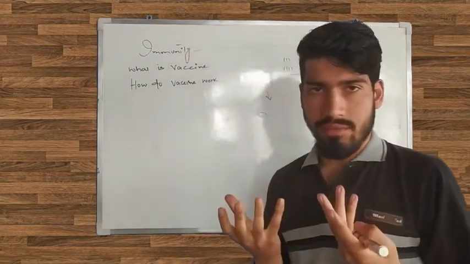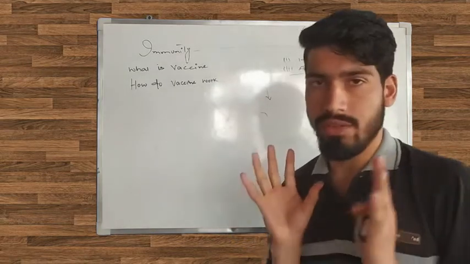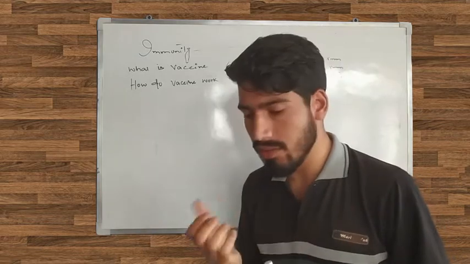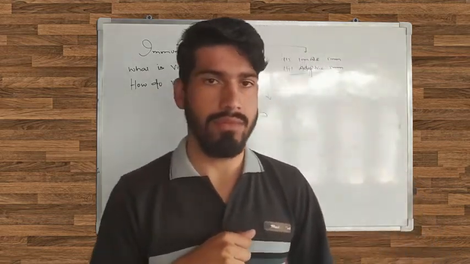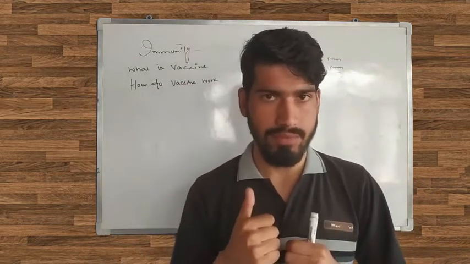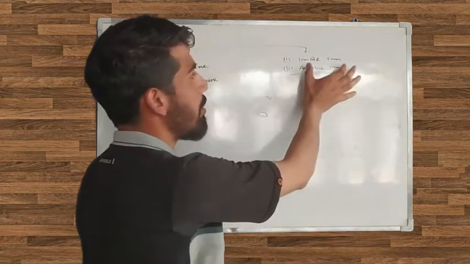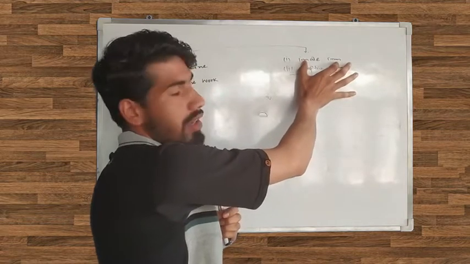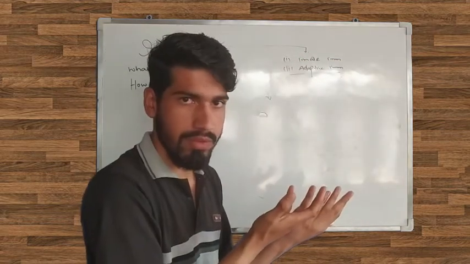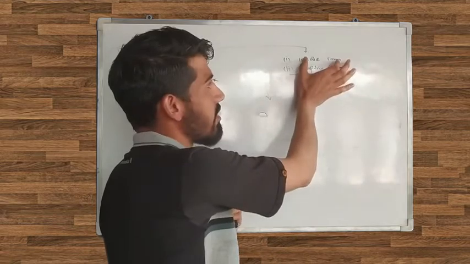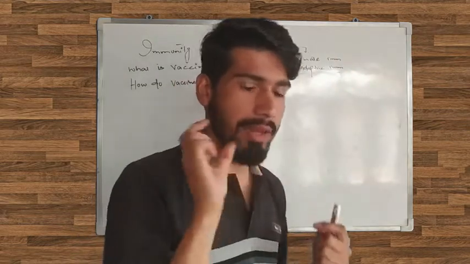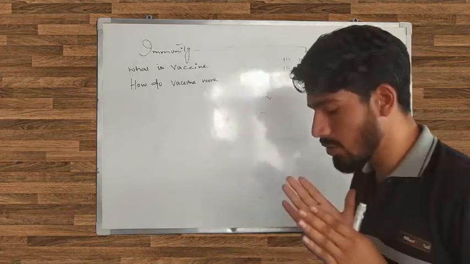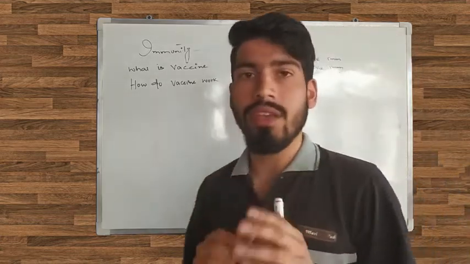What is innate immunity? When a pathogen or a foreign particle enters our body, at the beginning this innate immunity responds. It starts at the beginning of the entry, when the pathogen enters our body.